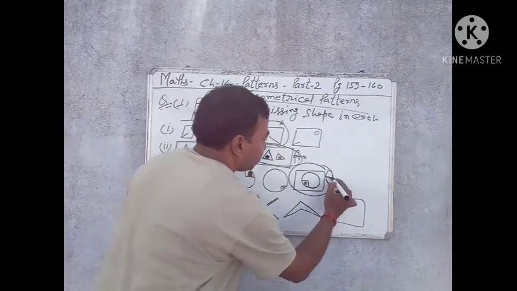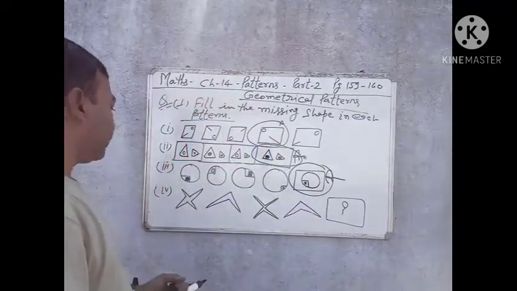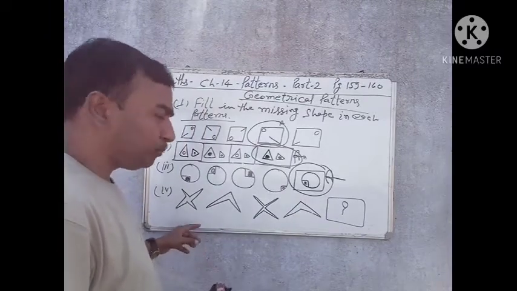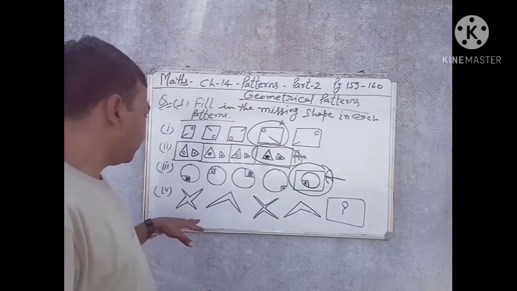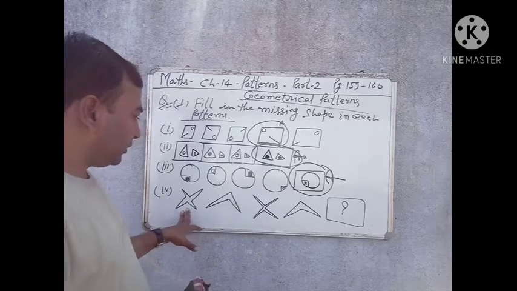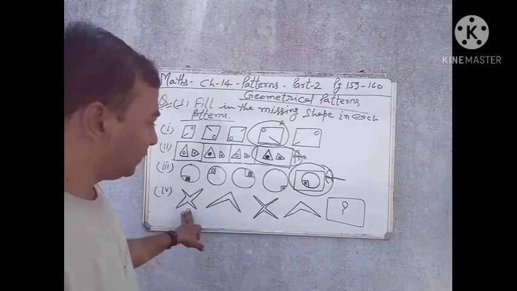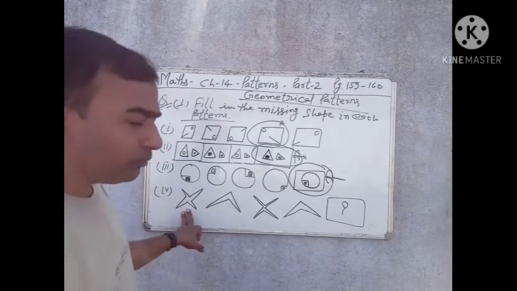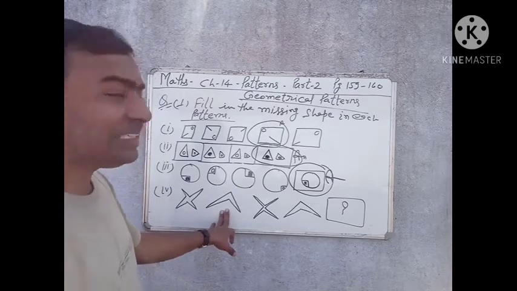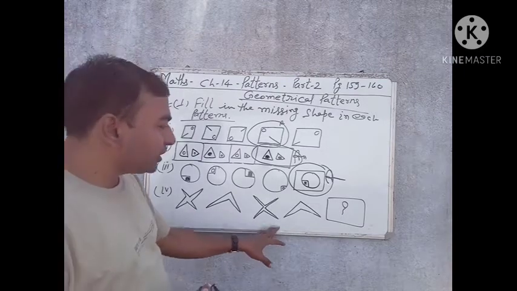Now come to question number 4. This is a star with 4 arms, and this is a sickle shape.